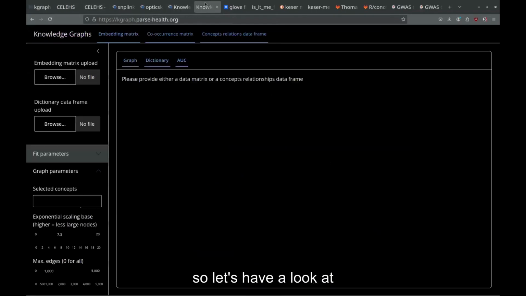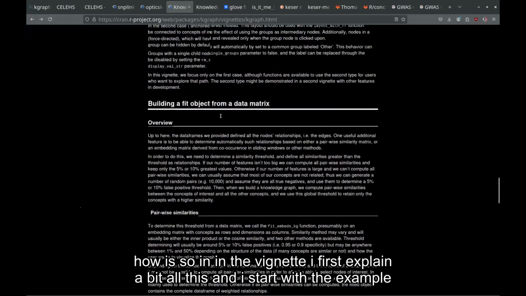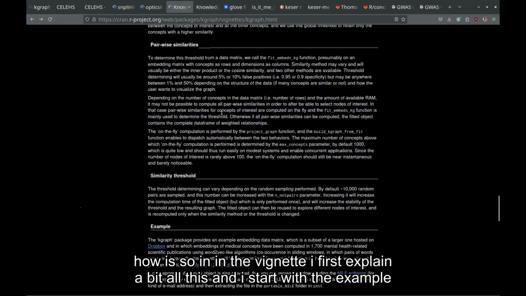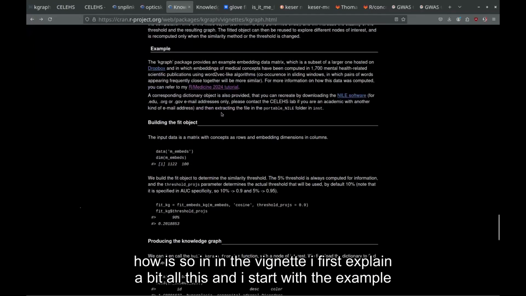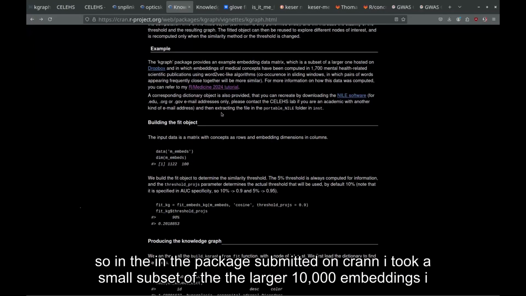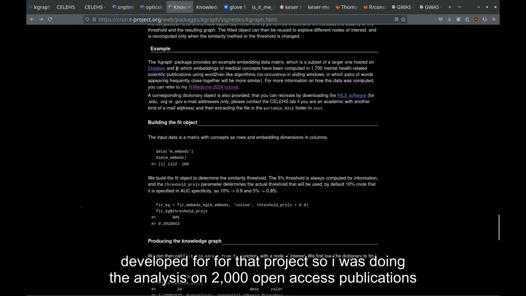So let's have a look at how it is. In the vignette, I first explain a bit all this, and I start with the example. So in the package submitted on CRAN, I took a small subset of the larger 10,000 embeddings I developed for that project.